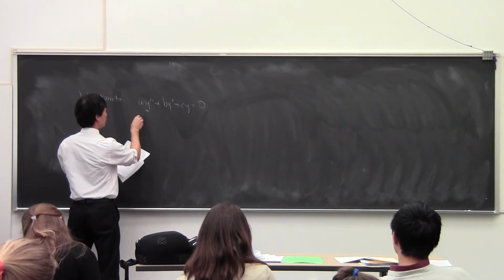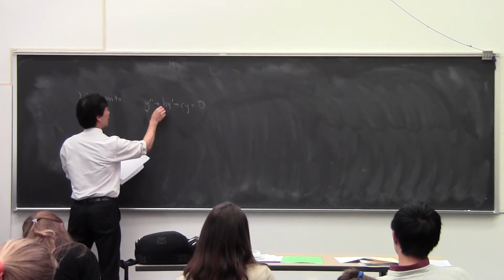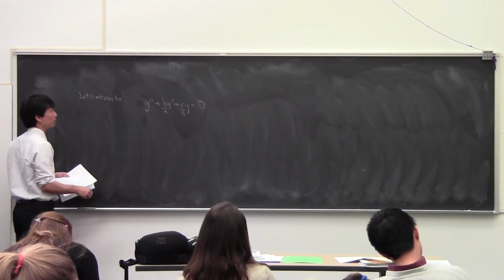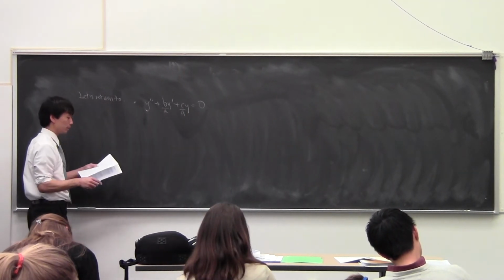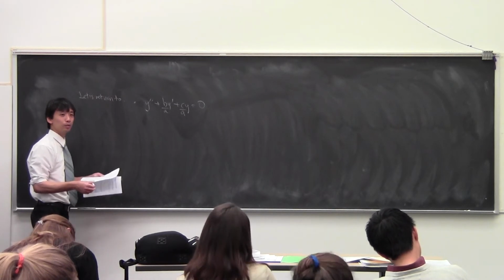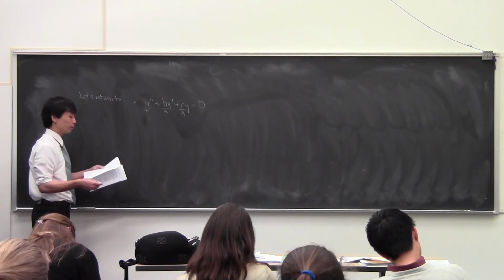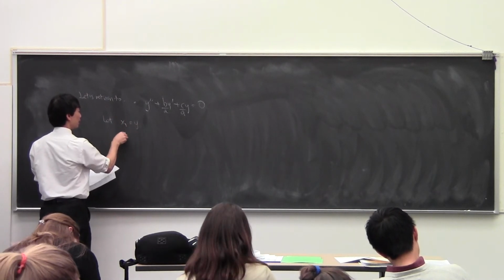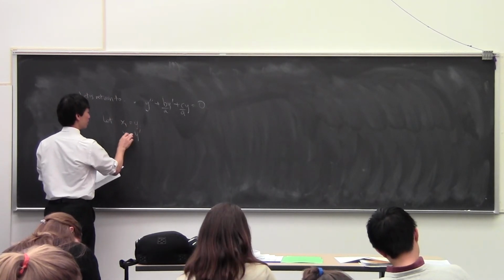Let me divide by a to make things convenient. I'm going to take this second order equation and change it into two first order equations. Let x1 be y and let x2 be y prime.